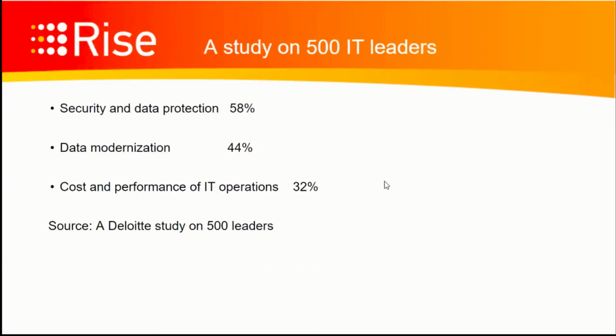A study was conducted by Deloitte on 500 IT leaders. 58% of them preferred cloud-based systems due to security and data protection, 44% because of data modernization, and 32% because of cost and performance of IT operations.